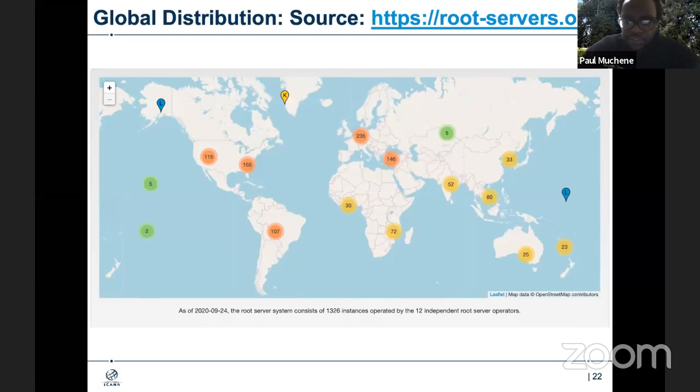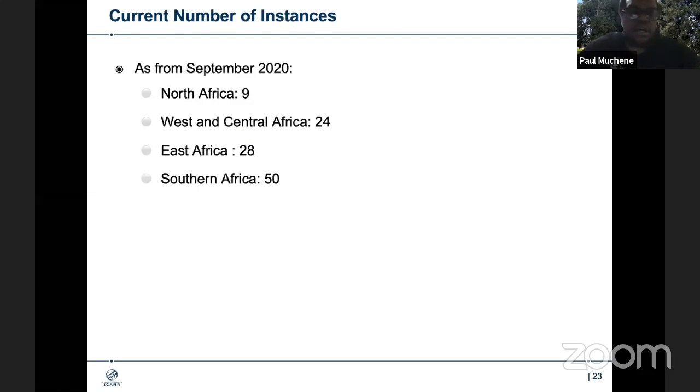If we zoom into Africa, these are statistics as of September 2020: there were 9 root server instances in North Africa. In Western Central Africa, there are a total of 24. In Eastern Africa, there are 28. And in Southern Africa, there are 50.